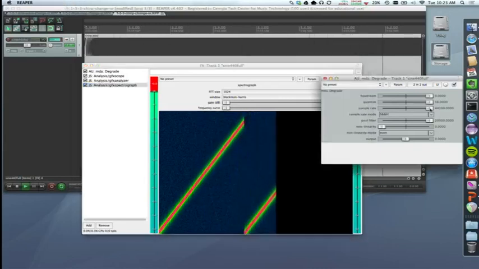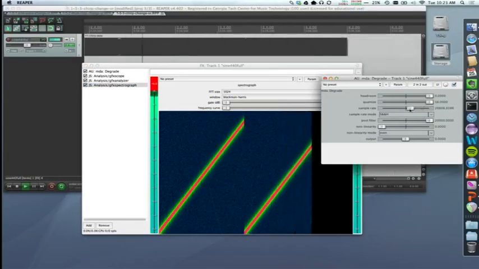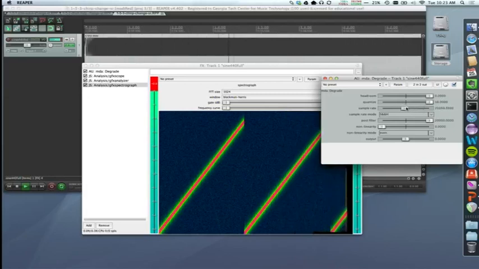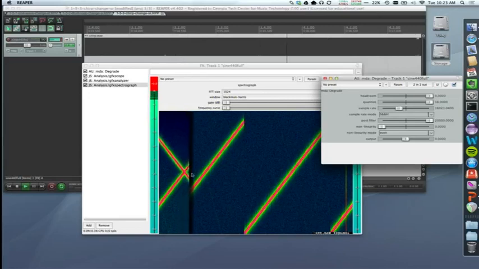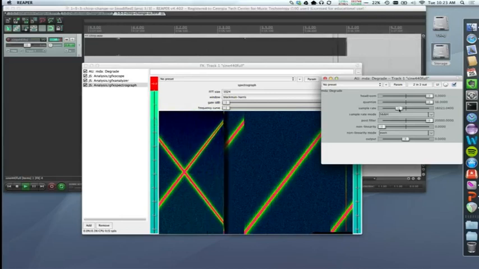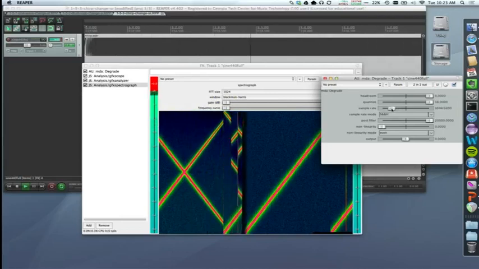But as I lower that sampling rate, we'll start to hear and see it folding over at a certain point. So you can see the fold over as it's going down much lower than it was before. And the more I lower this, the lower that fold over is going to start happening.